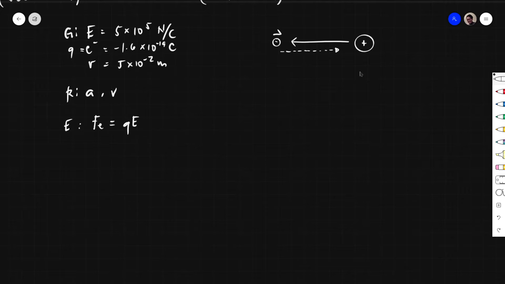Then of course, knowing that force is also equal to mass times acceleration, we could derive acceleration, which is one of the required. So in this case, you can now write electric force can also be stated like this. Knowing that we're going to need acceleration, we can divide both sides by m, right? Cancel m on this side.